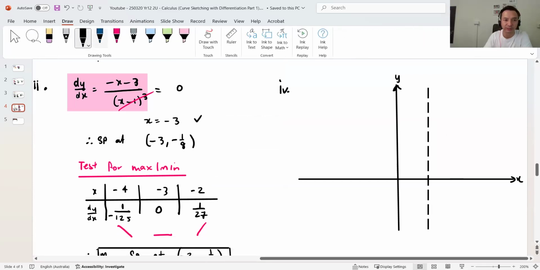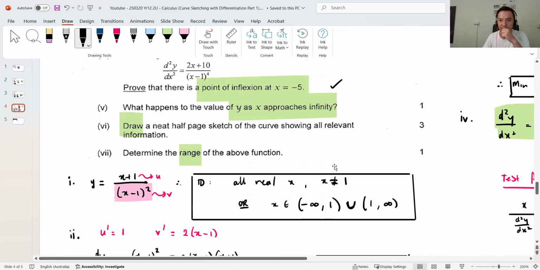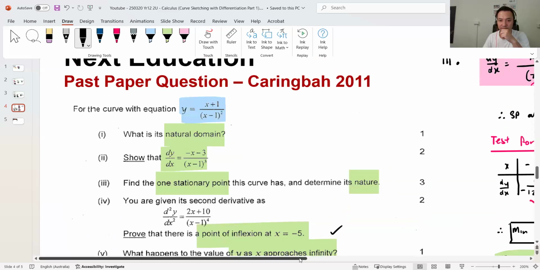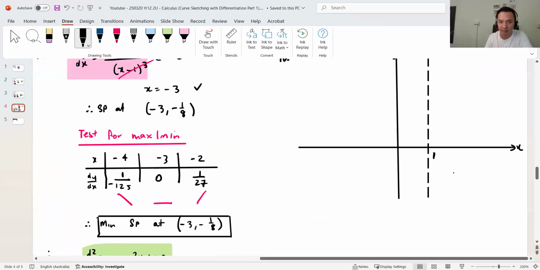Guys, now what else do I know? That's the asymptote at +1. Where are my stationary points? I know there's a stationary point at -3. So -3 and 1/8, there, as a minimum stationary point.